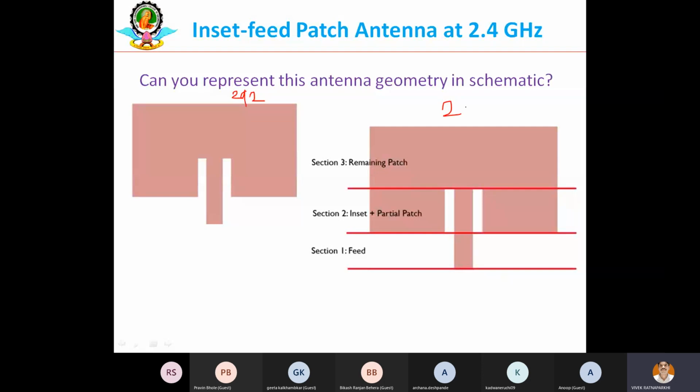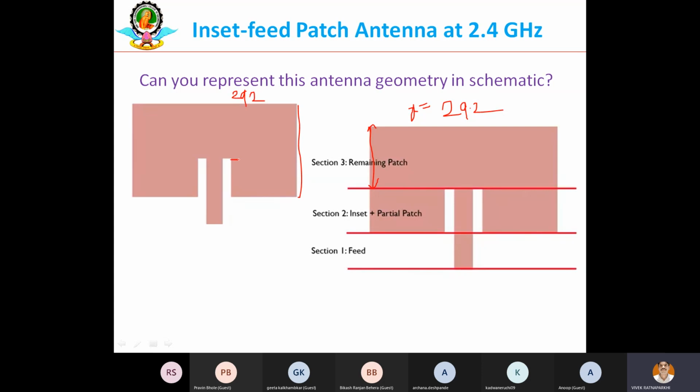So this will be 29.2 for the section 3. Section 3, x dimension is 29.2. What is y dimension? Y dimension is actually the total length minus this.